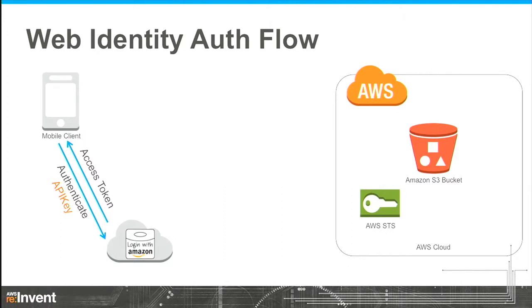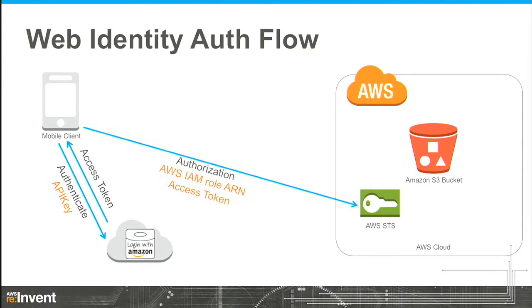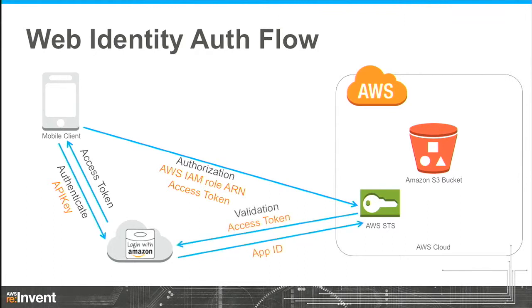Once we have that access token, we pass that to AWS STS along with the ARN for our role. STS validates that token with the identity provider and then verifies that it matches the app ID that we put in our trust policy. Assuming all of that is valid, we get our AWS credentials back to the device.